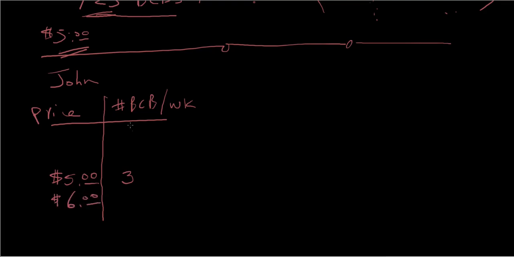How many bacon cheeseburgers are you willing to have this week? He may answer, say, 3. Then I change the price. Suppose it is $6. How many are you willing to have this week? It's a little too expensive for him, so say 2. If it's $7, he may say that's too much, and then 0. What if it is $4 a piece? He said he'll still stick with 3. If it's $3, he might say 4. And if it is 99 cents, he may say he'll have one for every day.